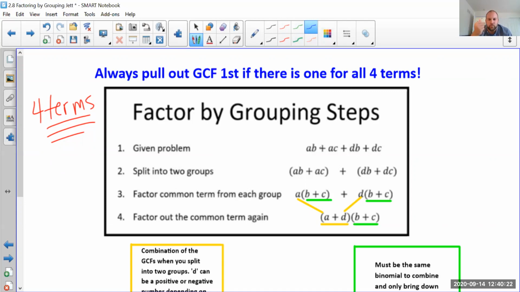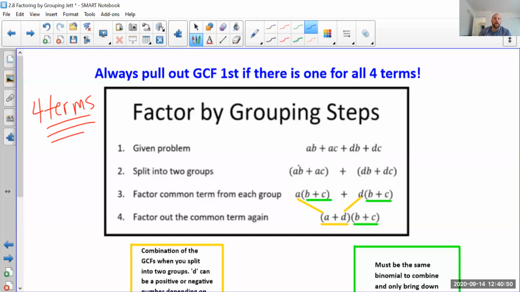We're going to take the first 2 terms and group them together using parentheses, and take the 3rd and 4th terms and group them together using parentheses. Then we're going to pull out a GCF out of each grouping.